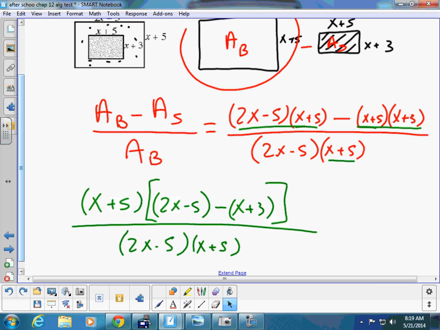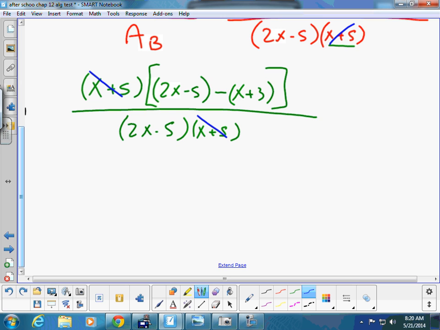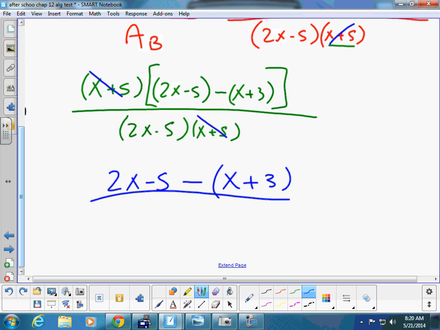What this does for us is allow us to cancel these. Now, if you would like to, you could just cancel these right away. Either way, you're going to get the next step, which is 2x minus 5 minus the whole quantity of x plus 3, all over 2x minus 5. We got rid of that x plus 5.